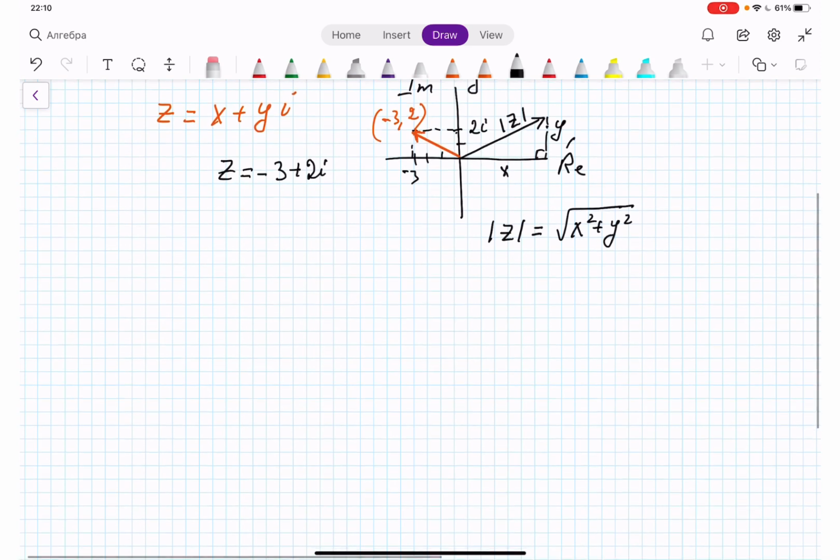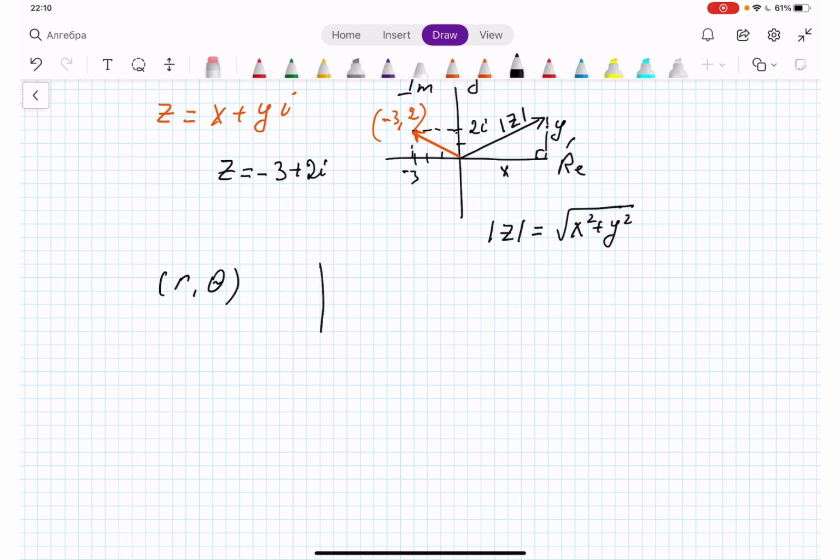Now let's move to representing the complex number in the polar system. In the polar system, we are operating with a radius. If you don't remember, you can open the video where I talk about the polar system with radius and angle theta.